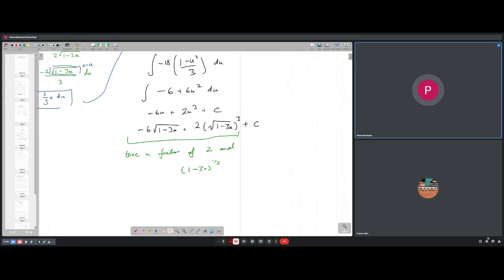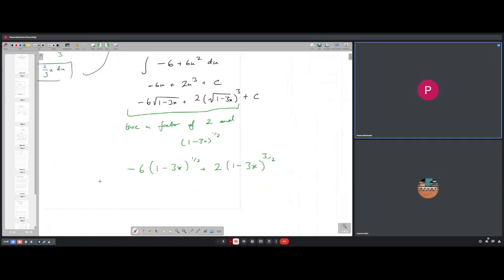Yeah, so before we do that, let me just make this clear. So you got 6 times 1 minus 3x to the power of a half plus 2 into 1 minus 3x to the power of 3 over 2. So you take out a factor of 2 and 1 minus 3x to the power of a half. Notice this will be minus 3. So minus 3 times this will give you minus 6, whatever that is, right?